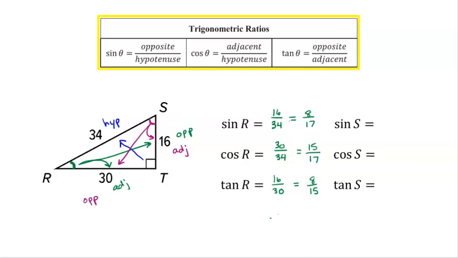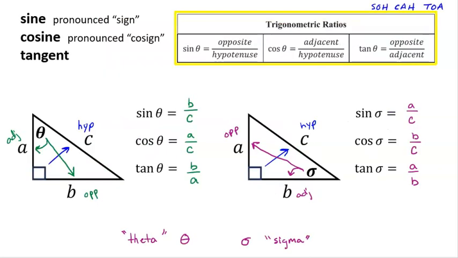So the sine of S is going to be opposite over hypotenuse. And notice that it's just opposite of what this one is, right? If we go back to our old one, we can see that these are kind of crisscrossed here.